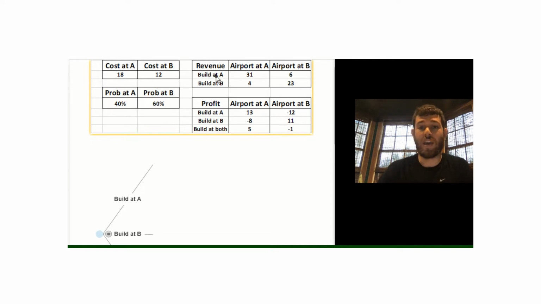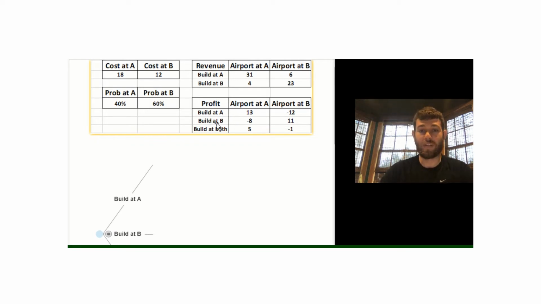So if we build our hotel at A and the airport is actually at A, we stand to make 31 million in revenue. Alternatively, if we build it at A and the airport turns out to be at B, we'll only make 6 million revenue. If we build it at B and the airport is at A, we'll net 4 million revenue. And if we build it at B and it's built at B, we'll net 23 million revenue.